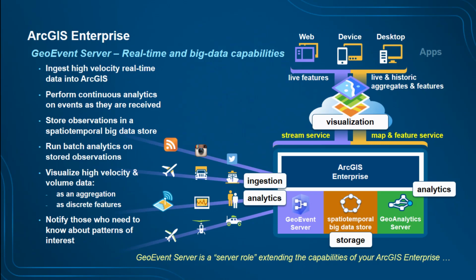Once you have begun to accumulate large volumes of data, using another functional server, GeoAnalytics, you can do batch analytics on your data. GeoEvent also provides the ability to visualize high velocity and high volume data using on-the-fly aggregations. And finally, notify those who need to know about patterns of interest as they occur.